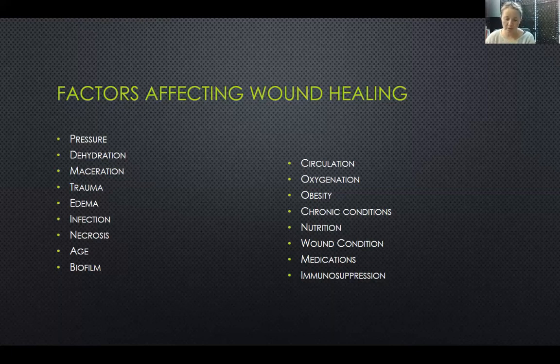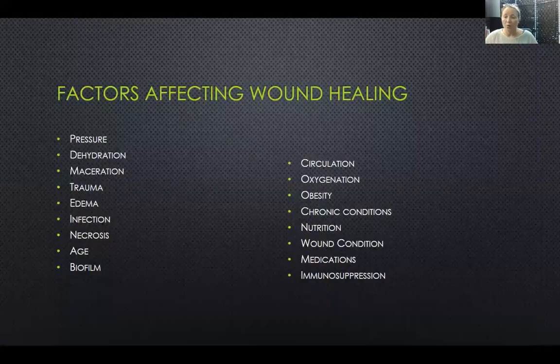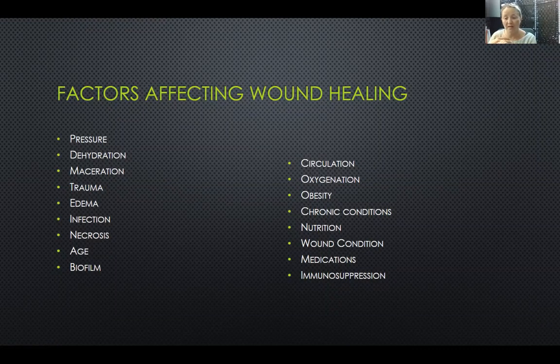Medications like corticosteroids, chemotherapy, or antibiotics may impact wound healing. Remember, we talked about in immunization, if your body has a decreased ability with white blood cells and things like that, to go after and lead to this healing process, you're going to have a delay.